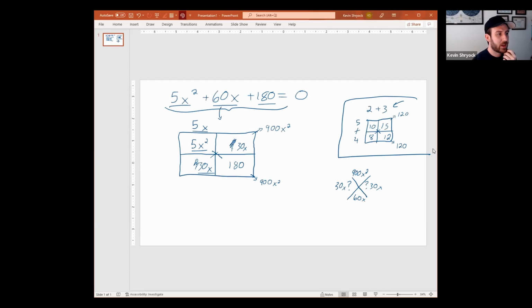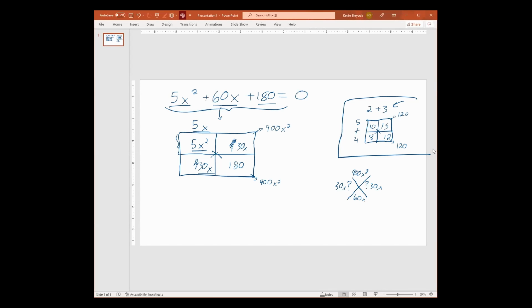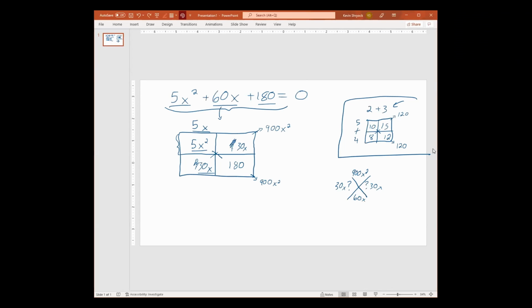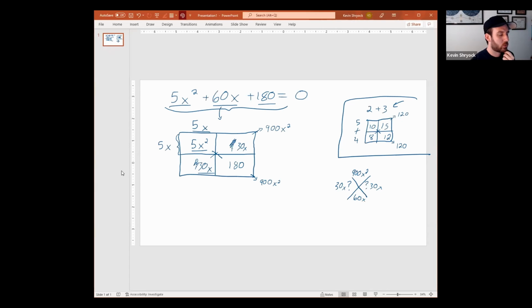If this is a 5x, how big does this have to be in order for it to be 5x squared? If I put 180 here, then 180 times 5x would not get me the 5x squared. What times 5x gets me 5x squared? 5x times 5x would give me 25x squared.